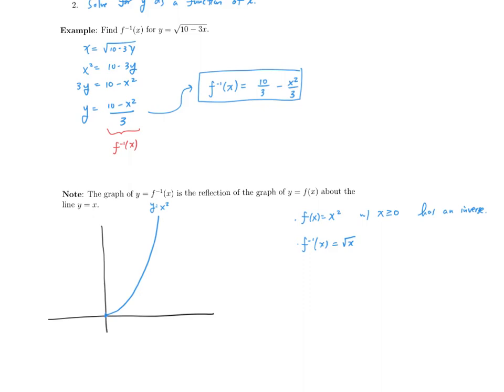And graphically, we have y equals the square root of x. And we can now hopefully very clearly see the relationship between the graph of the function f of x and its inverse. They are reflections of each other about the line y equals x.